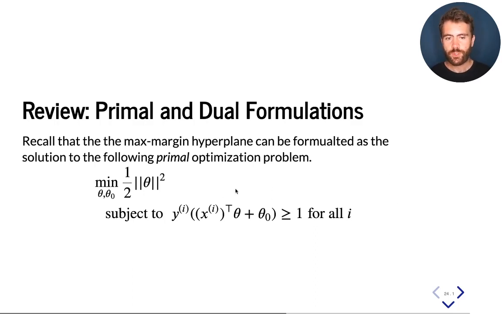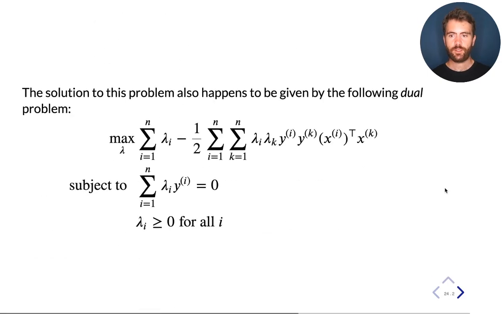And we saw that we can formulate the search for this maximum margin hyperplane via the following constrained quadratic optimization problem. Then, by using principles of Lagrange theory, we showed that we can derive the following dual problem, and this dual problem achieves the same value of the objective as the previous primal optimization problem.